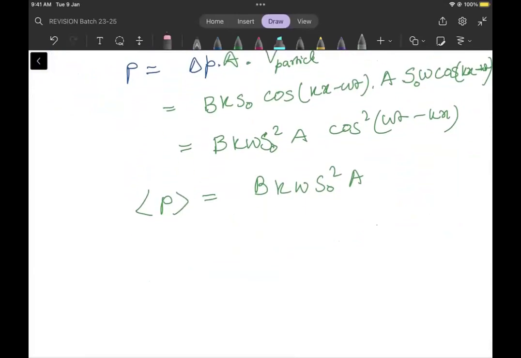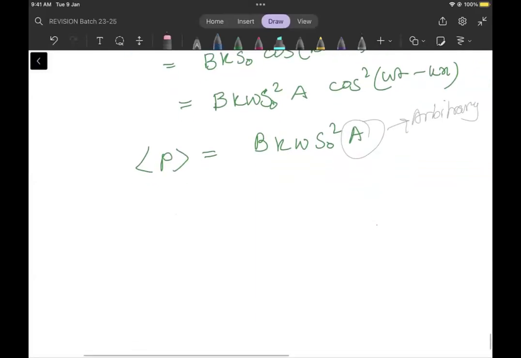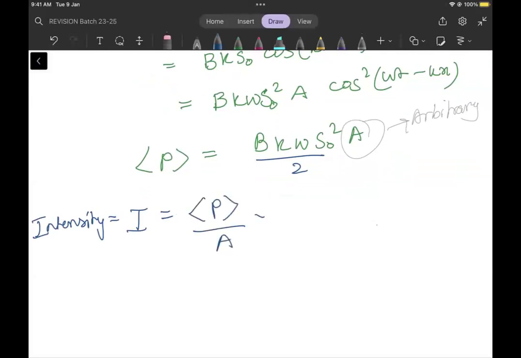Now, unfortunately, what has happened is that I am getting an arbitrary term. So the arbitrary, हाँ जी, सर बाई 2 होगा ना? By 2, sorry, yes. तो ये जो arbitrary term है, इसको उड़ाने के लिए I define the intensity of the wave instead of the average power, and that is defined as the average power divided by area, or the instantaneous power divided by area.